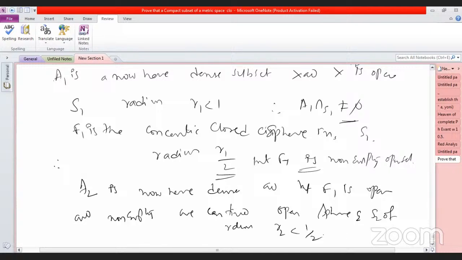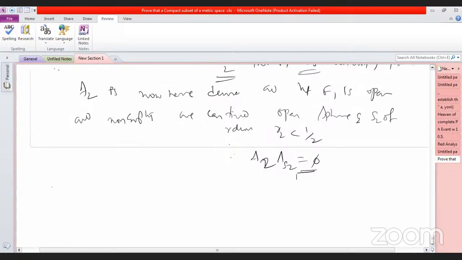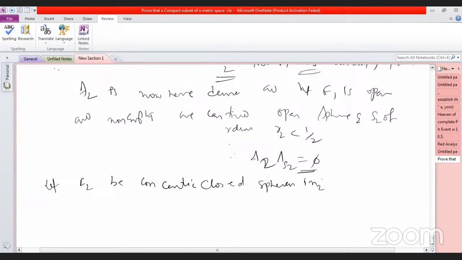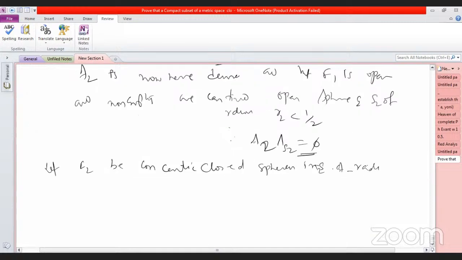R2 less than 1/2, right? Then we can write A2 intersection S2 is not equal to empty. We wrote the first and the second, but here also, let F2 be the concentric closed sphere in S2 of radius. Earlier we said R1/2, here we say R2/2. Radius R2/2.